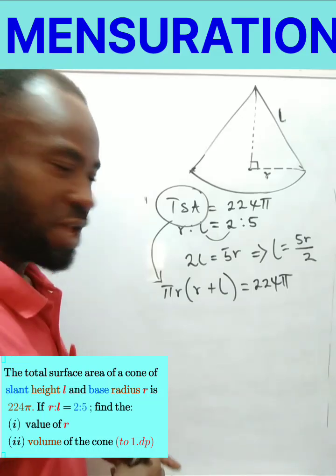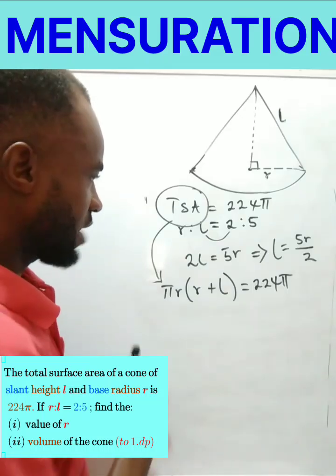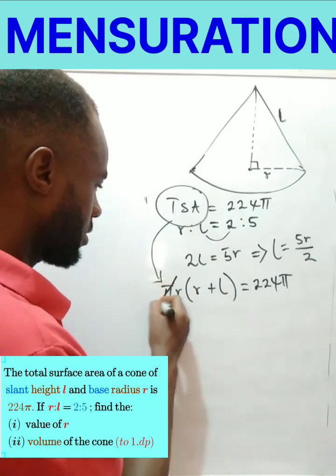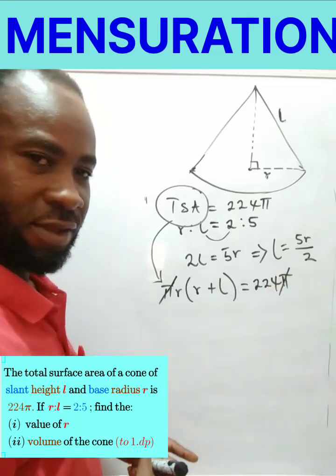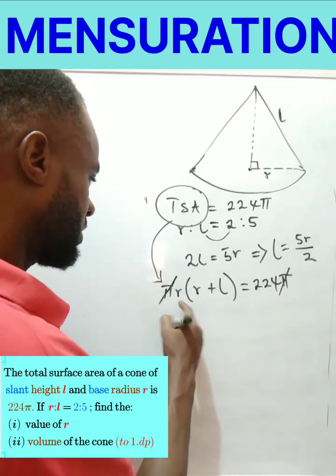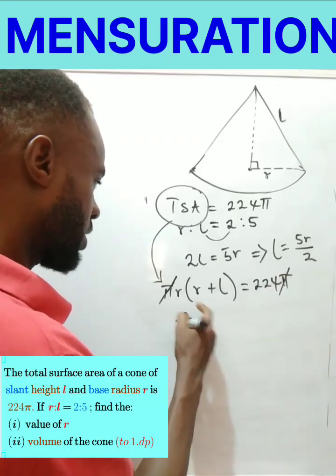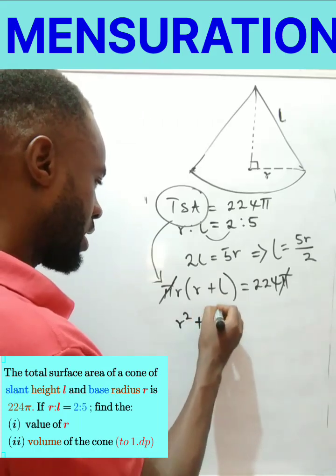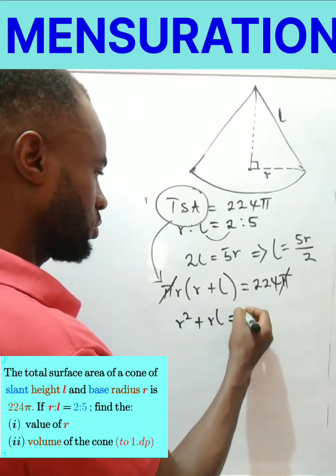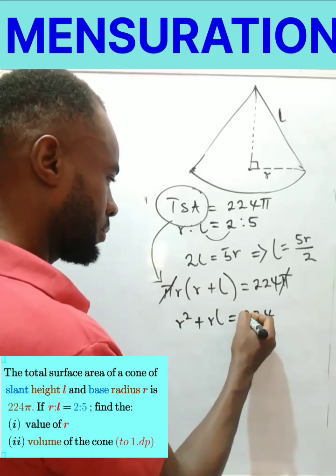So from there, if we divide both sides, we cancel out this pi, so that I'm left with R squared plus RL equal to 224.